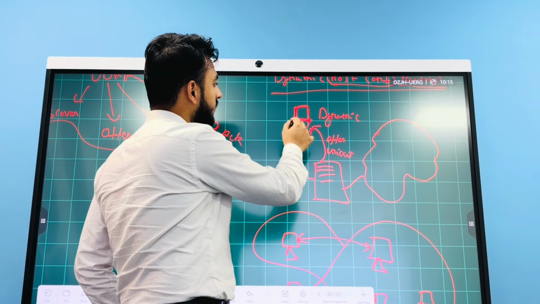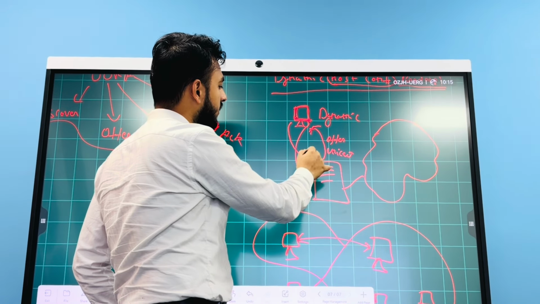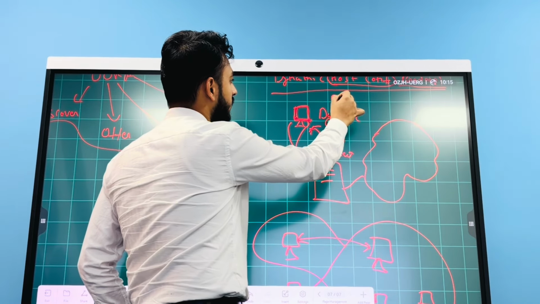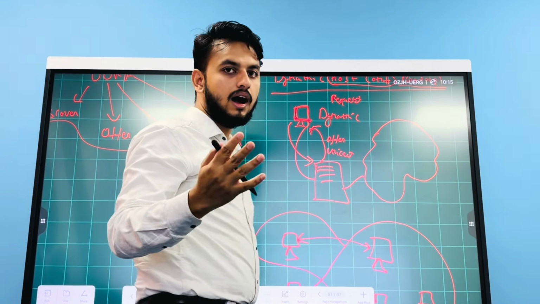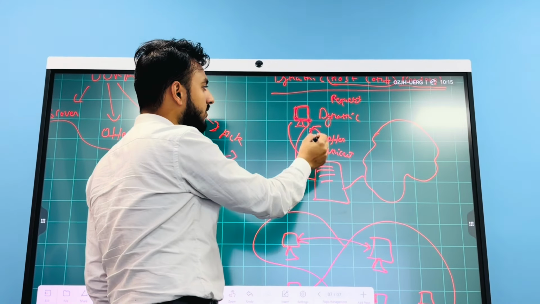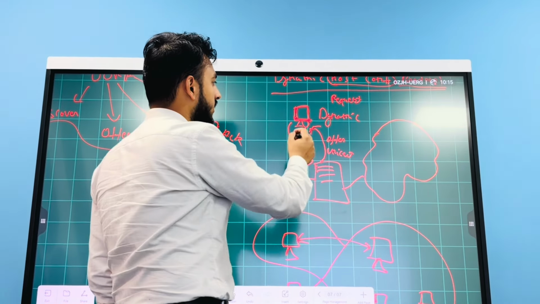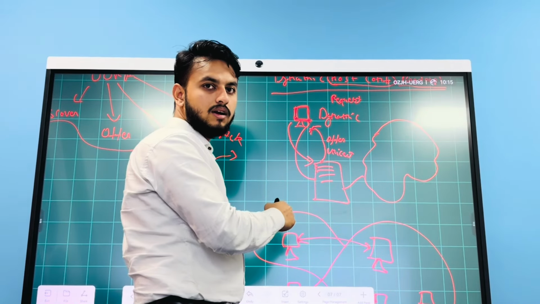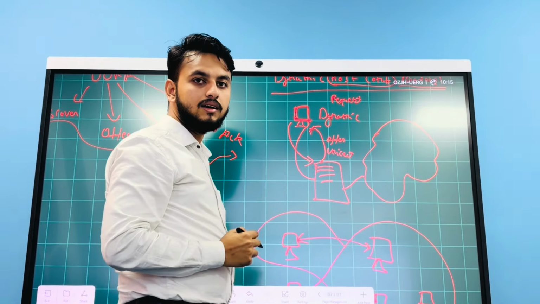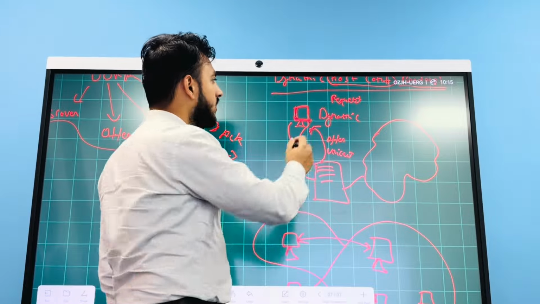Then again, this PC will do a broadcast with request. The DORA third R. DORA request will be broadcast. Why broadcast? Because what if there are multiple DHCP servers in the network and they are all sending data? It will be disastrous. So it has to be broadcast.